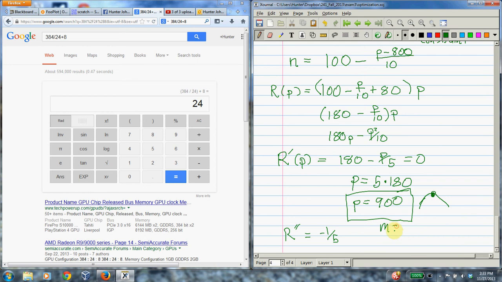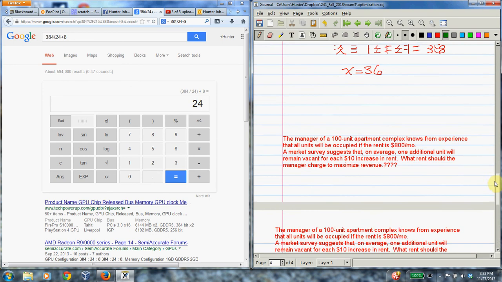So this gives the maximum revenue. So this is the rent that maximizes revenue. Okay, great. So that answers that question.